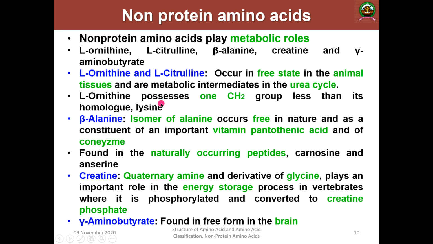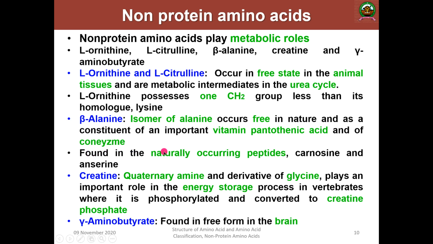This is an isomer, as the name indicates, of alanine, which occurs free in nature and as a major constituent of the vitamin pantothenic acid and of certain coenzymes.